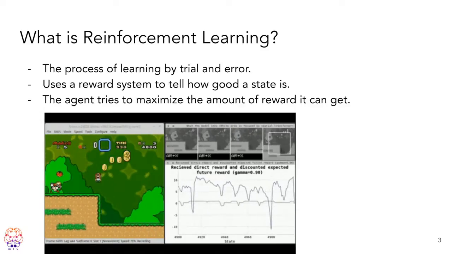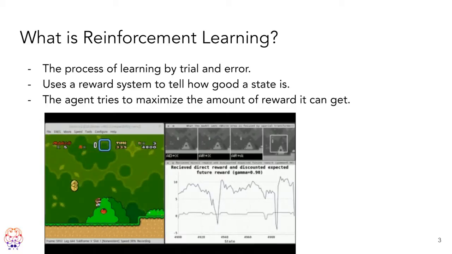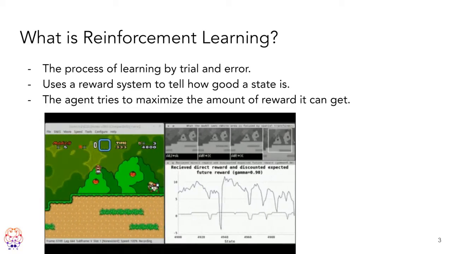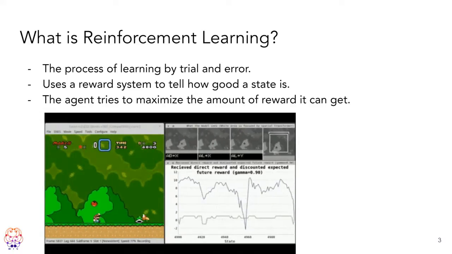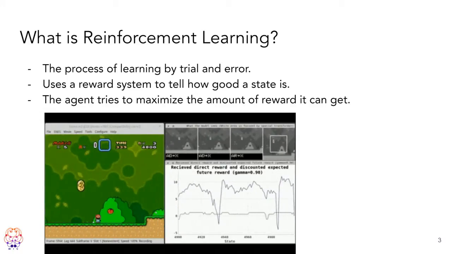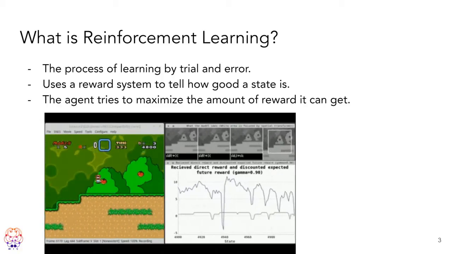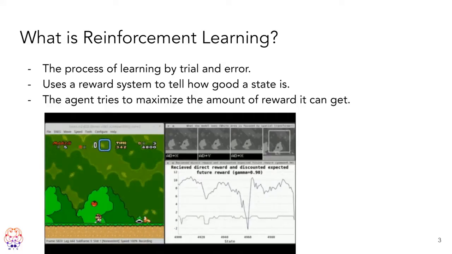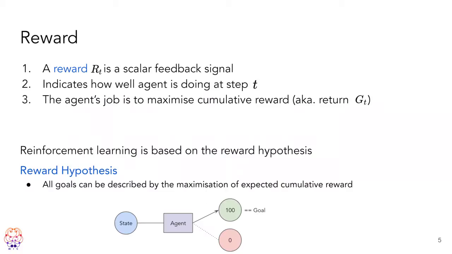His punishment would be hitting an enemy and dying, for example. And to the right, you can see how much reward Mario gets over time, and we would have to pre-specify that.